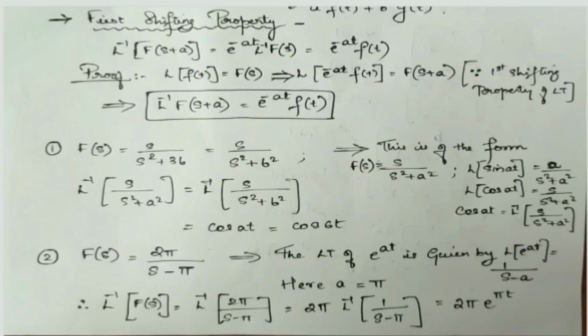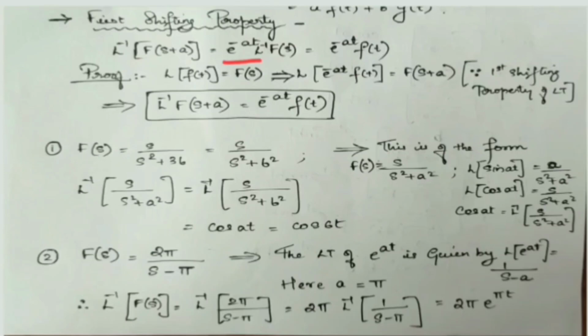Now let's see how we got this from this. See here, we have F of s plus a. What was the reason this F of s got converted to F of s plus a? The reason was e raised to minus at. Because Laplace of e raised to minus at f of t is F of s plus a.